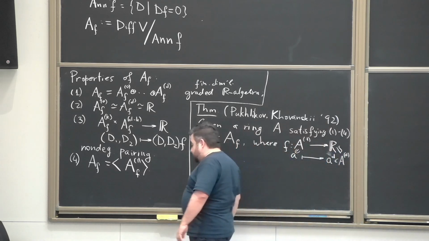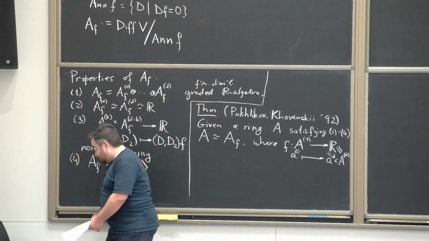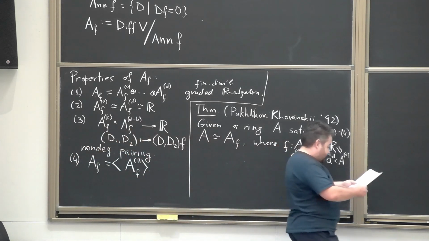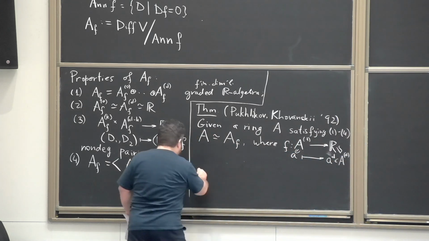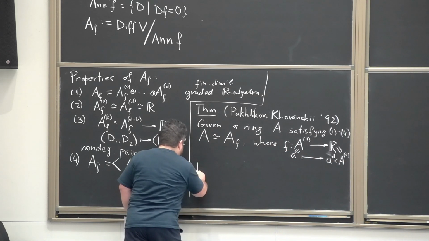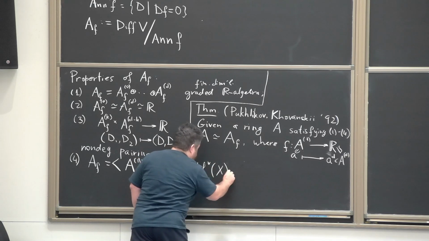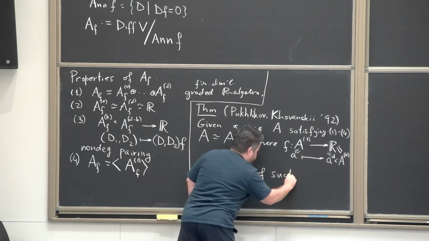So let me give some sort of mini course in the theory of toric varieties. So the cohomology rings of toric varieties are of such a form.